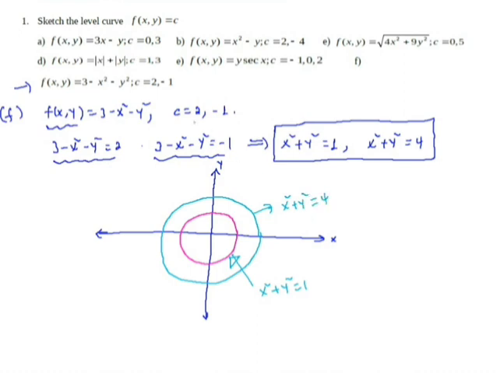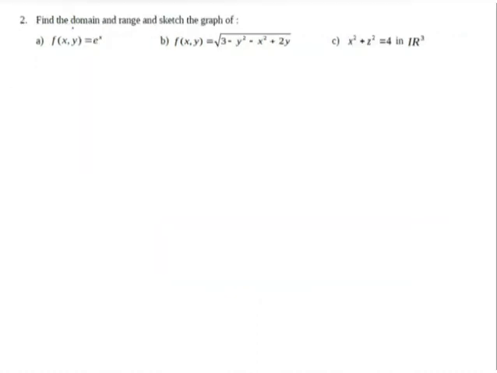So generally, for different c values, as we change c, what do we get? The equation of a circle whose center is at the origin and different radius. So f of x comma y is equal to c, for this case, is a family of concentric circles.